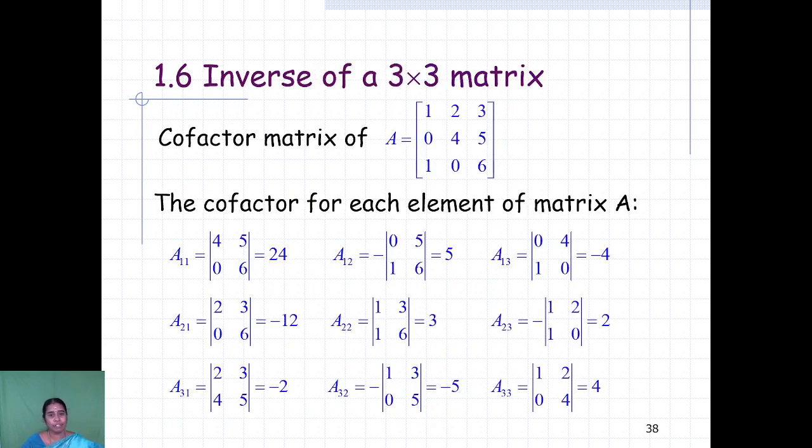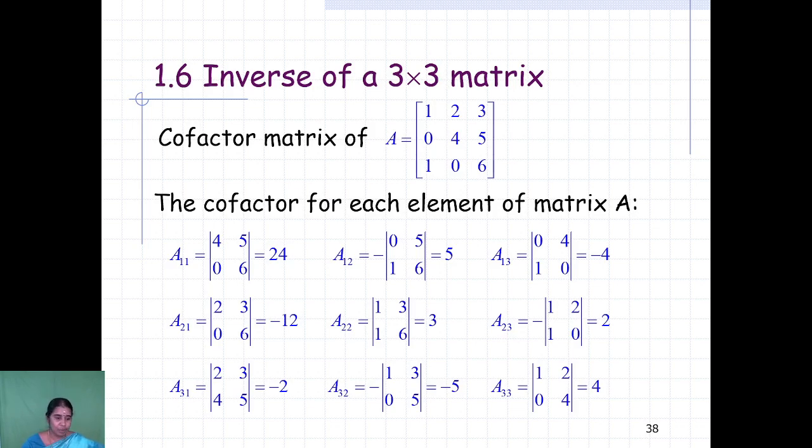Find the cofactor of the matrix A equal to 1, 2, 3, 0, 4, 5, and so on. We calculate the cofactor for each element of the given matrix. For A11, we omit the first row and the first column and find the remaining determinant value. We obtained 24. Next, for A21, we omit the second row and the first column and find the determinant of the remaining elements, obtaining minus 2.